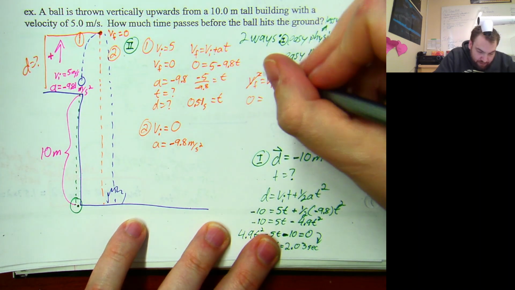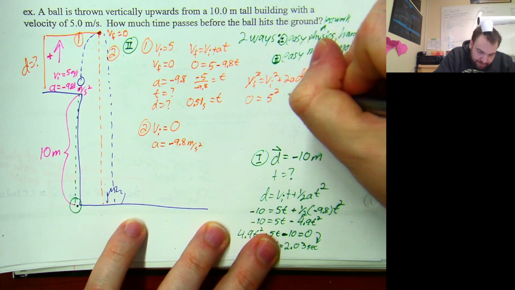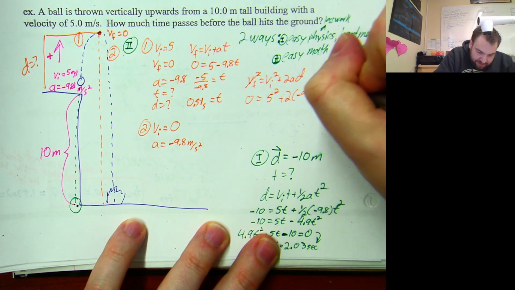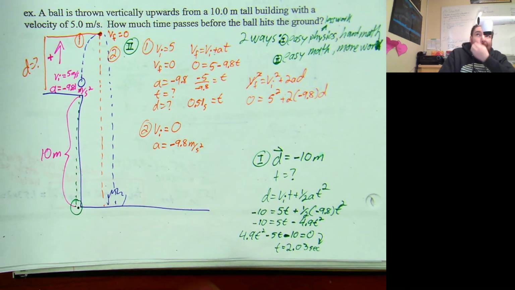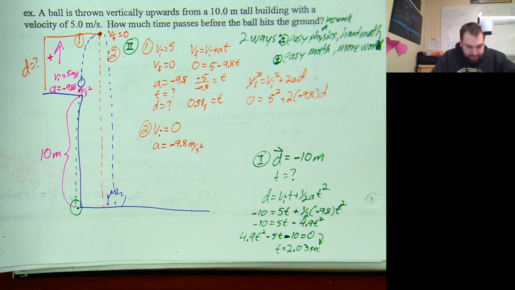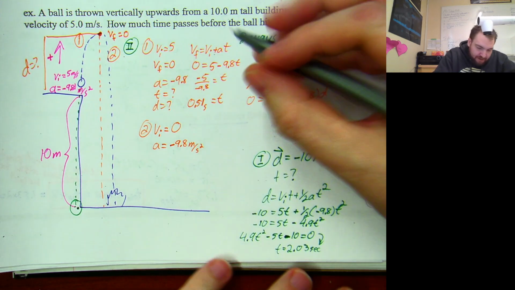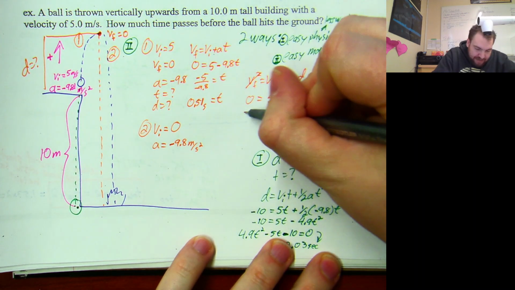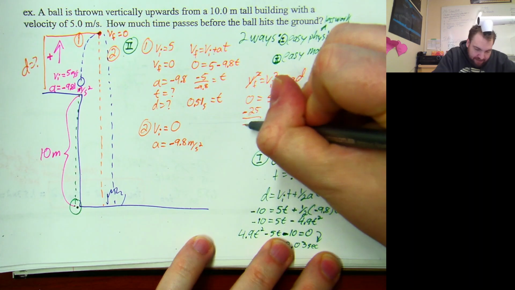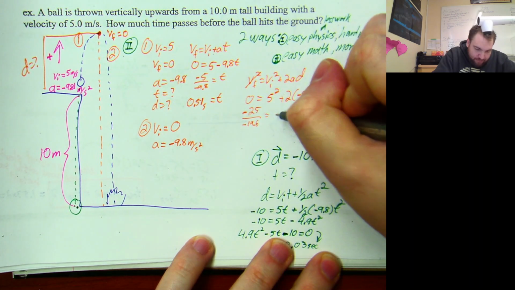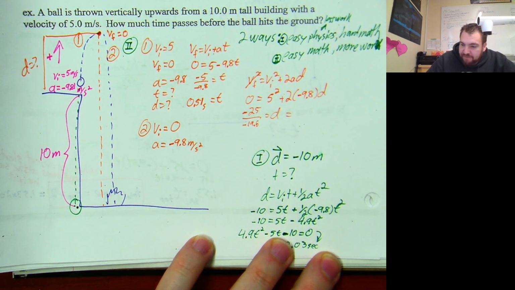That's going to equal 5 squared plus 2 times negative 9.8 times D. That's going to be 25. I'm going to subtract it over, so I'm going to get negative 25 divided by negative 19.6 equals D. And I'm going to get a value for that of 1.28 meters.